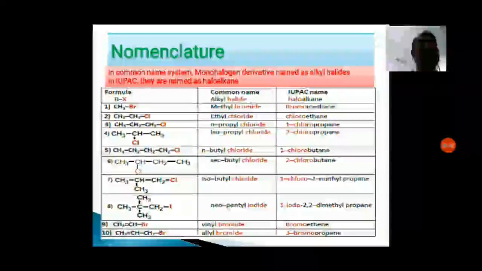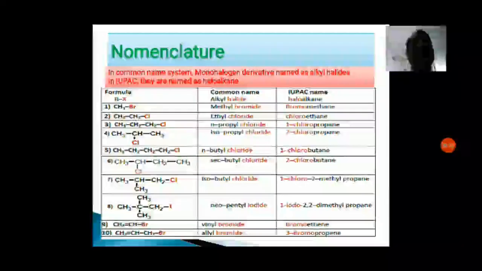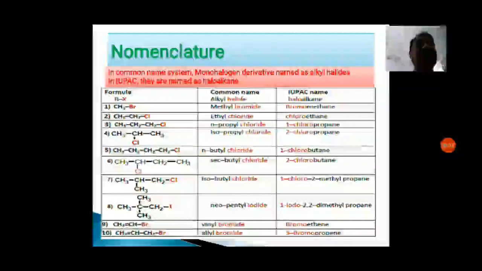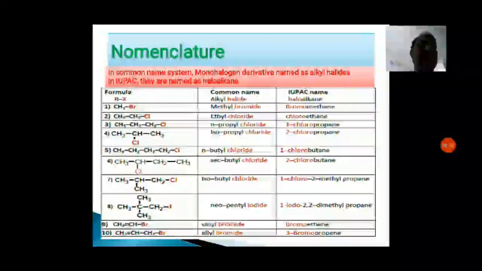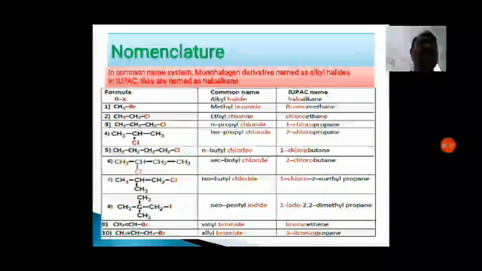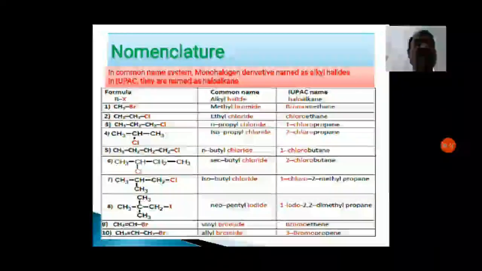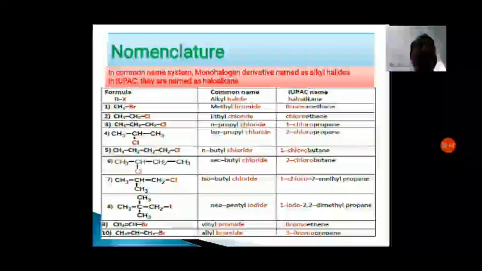So here we can start numbering from either end, because the position of the carbon atom attached to the chlorine is the same. Therefore it is called 2-chloropropane.